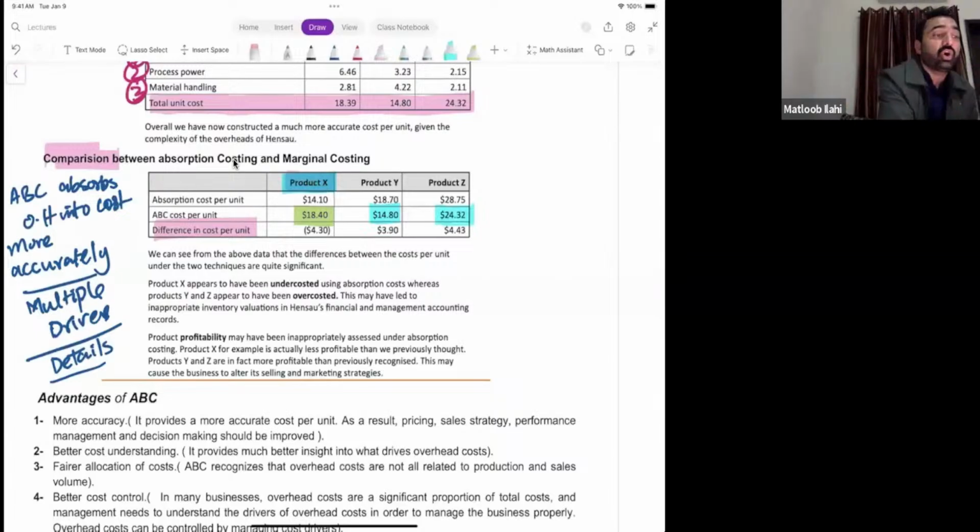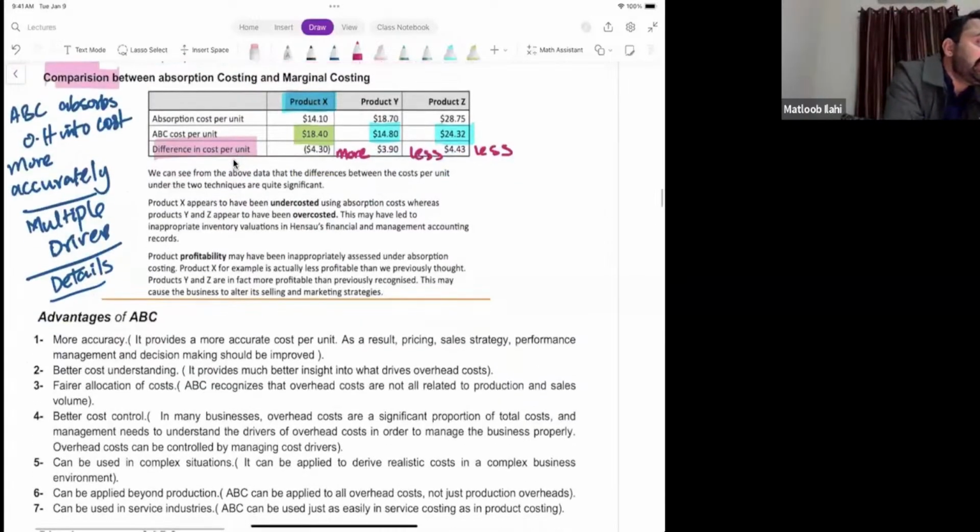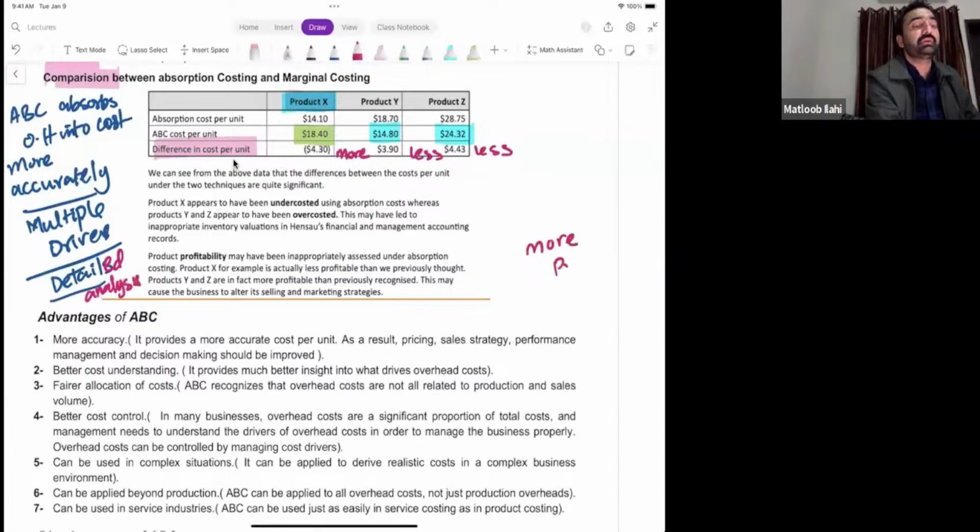So there is a difference: it absorbs less overheads when ABC is used, because ABC offers more detailed analysis of overheads, more accurate and more precise analysis of overheads.